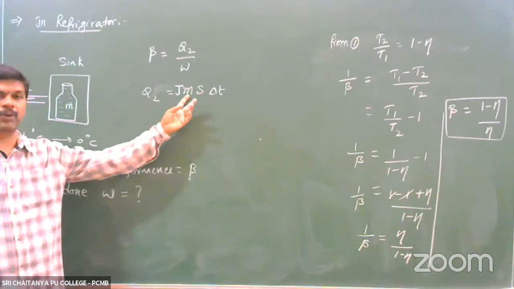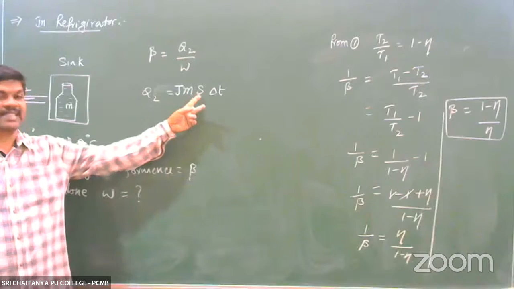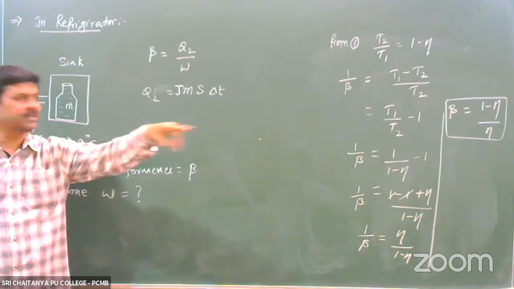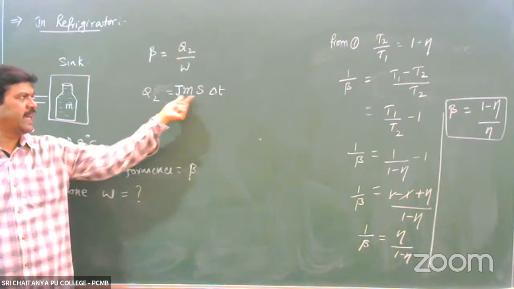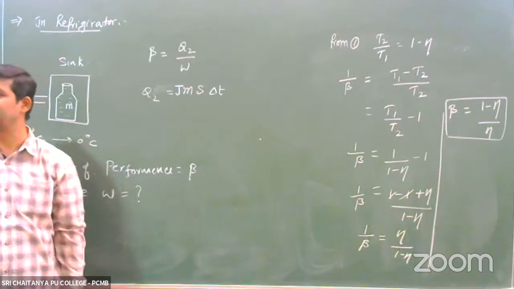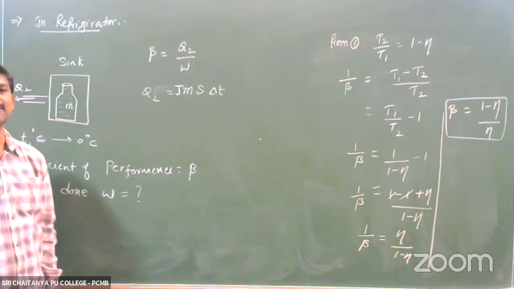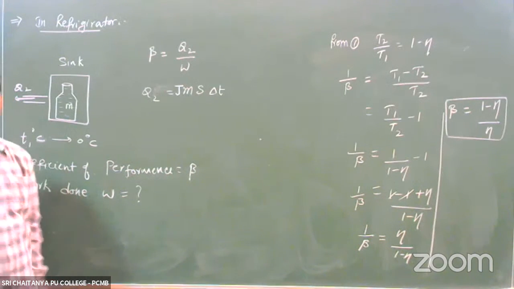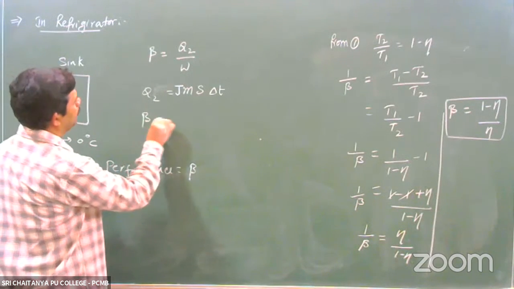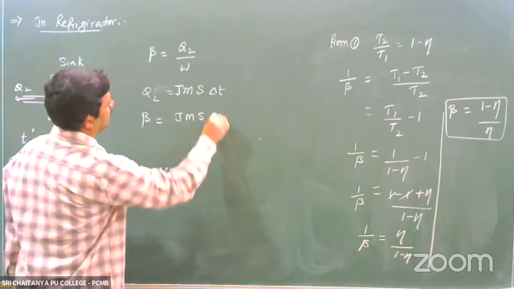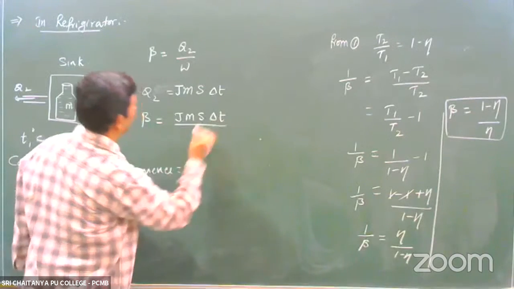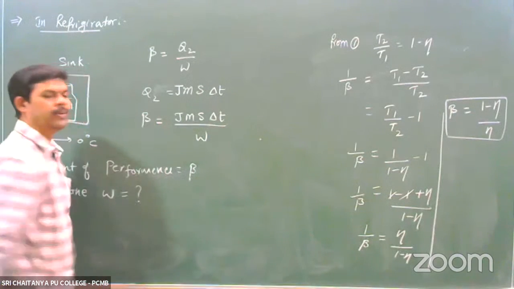Generally the problem gives m in grams, s in calorie per gram degree Celsius, and delta T, the change of temperature. So Q2 is J m s delta T. Then what is the work done? So how to write beta now? Beta is equal to Q2, J m s delta T, by W.